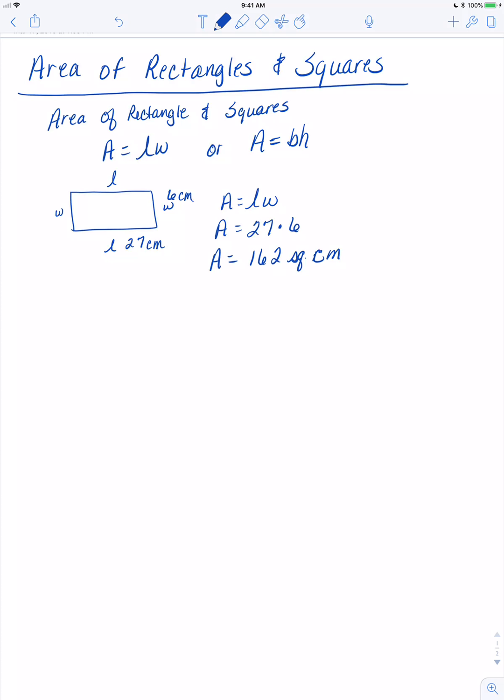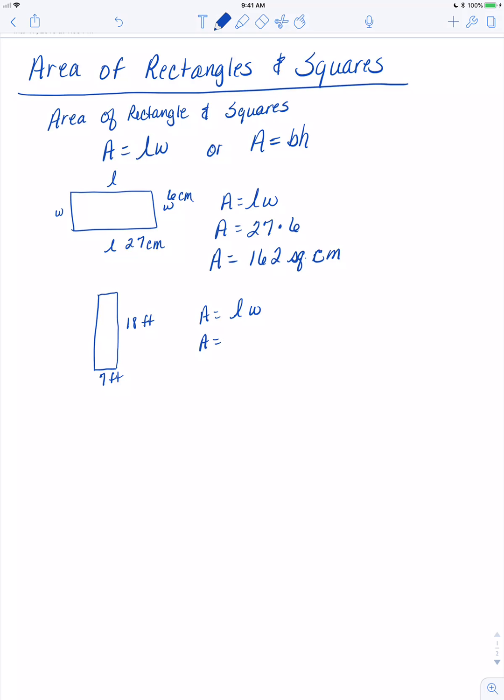Okay, so let's just try another one. We'll do a couple of examples of the rectangles, then we'll go to a couple of examples of the squares. Let's say this is 18 feet, and this is 7 feet. So we have, again, area is length times width.